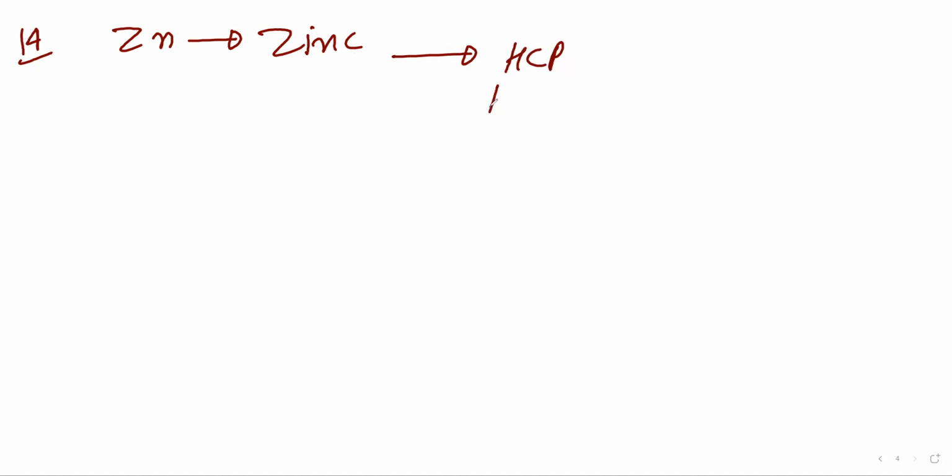Now look at the question number 14. When zinc converts from melted state to the solid state, it has HCP structure, hexagonal close packing.